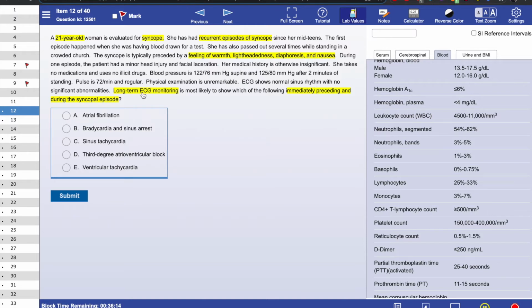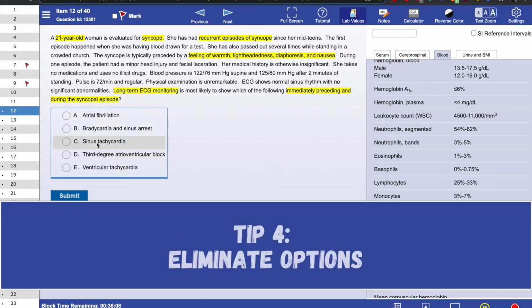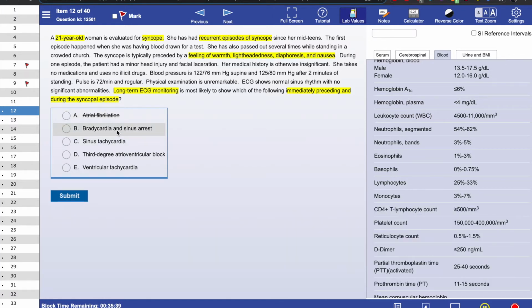And so we're asking what long-term ECG would show. It's not AFib, because atrial fibrillation can cause syncope, but you won't have the pre-syncope symptoms. Bradycardia and sinus arrest could be it, because it's vasovagal. So I'm going to leave that for now. Sinus tachycardia.